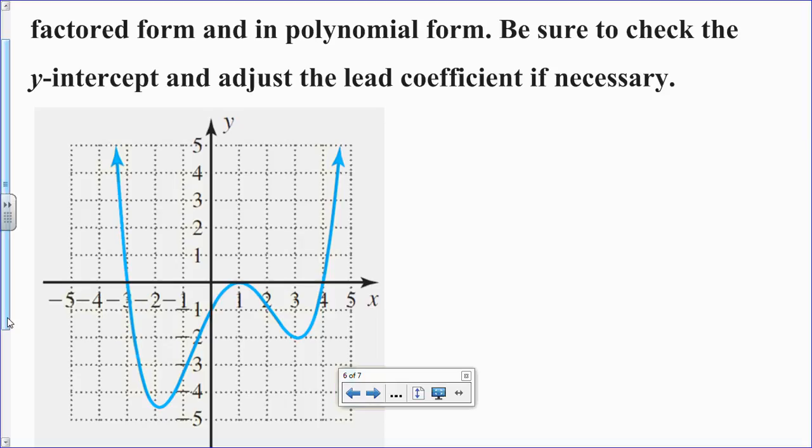So first of all, let's talk about our degree. So how many total turning points do you have? Three, right? 1, 2, 3. So the degree has to be at least what? 4. Has to be at least 4.